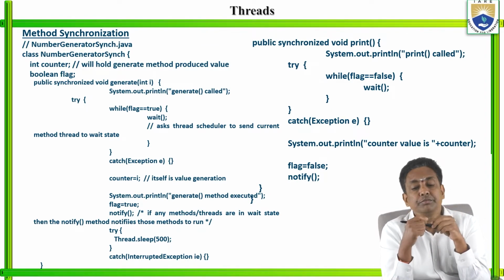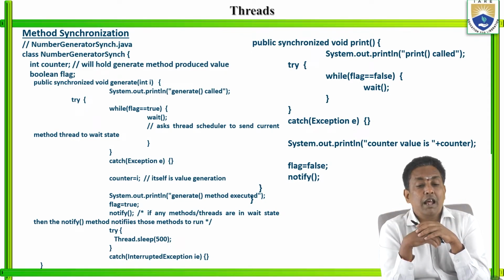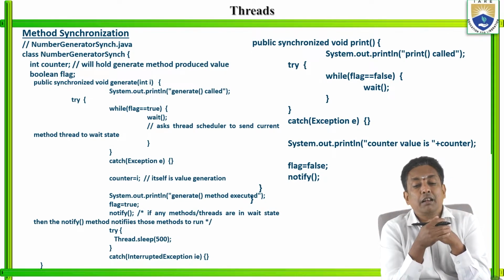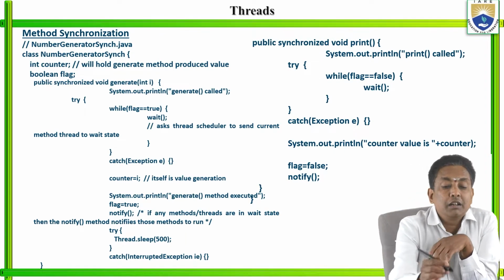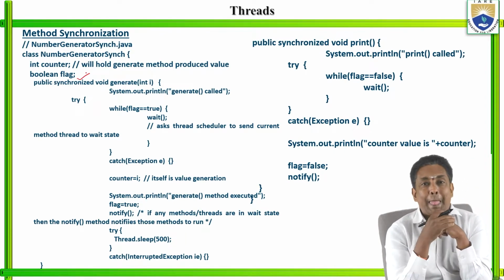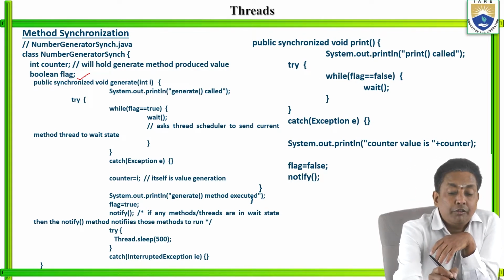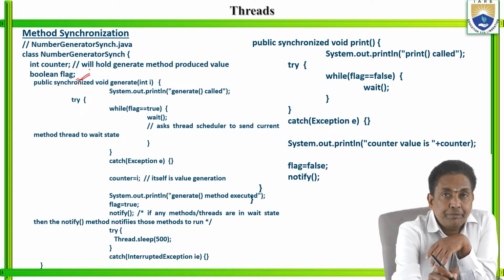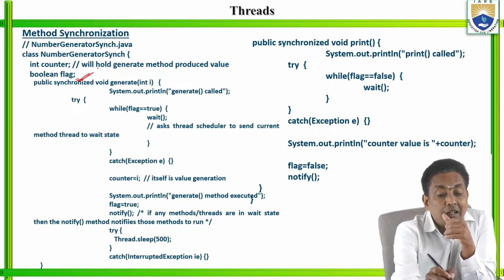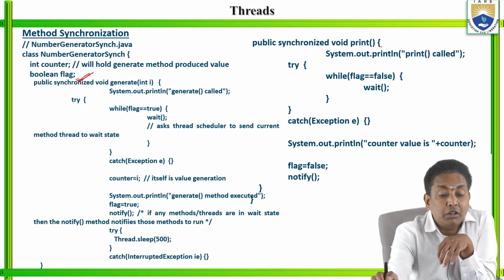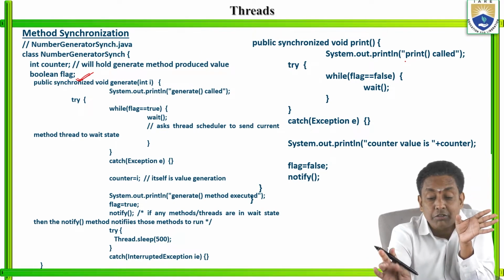We decide by using one Boolean variable. Why use a Boolean? If the Boolean value is true, the generate method executes. If the Boolean value is false, the generate method stops and the print method continues. If the flag value is false, the print method executes, and once the flag becomes true, the print method stops and the generate method executes.